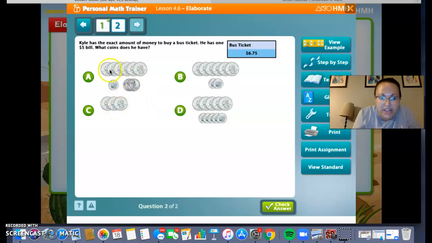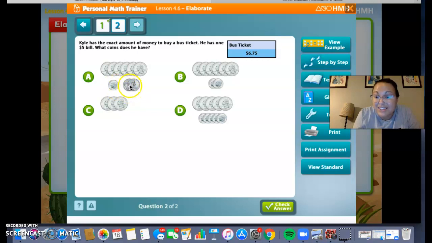Let's try this one. So let's count our quarters. 1, 2, 3, 4, 5, 6 quarters, okay? 4 of those quarters gives us $1, $1.25, $1.50, okay? $1.60, we're getting closer with the dime, and then what are those? 2 nickels?